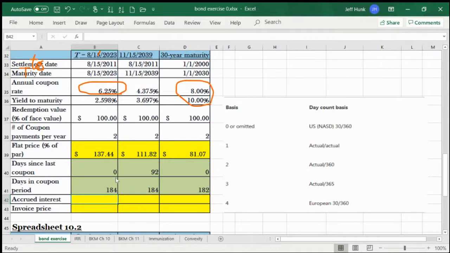Which will give you a coupon payment, and then multiply that by the number of days since the last coupon divided by, I mean, it's already, this dividing by number of days divided by this, that will already give you, this is already half year. So all you need to do is, I'm gonna multiply.